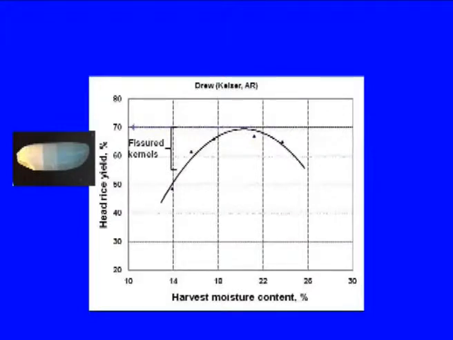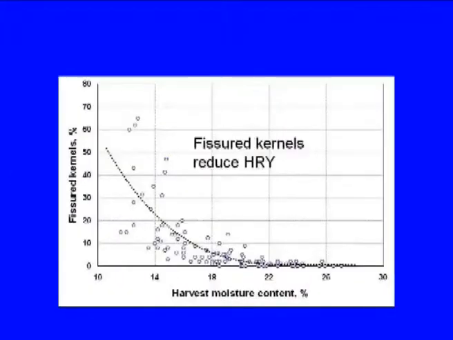But at the lower side, this is something that we've worked on for many years, and we know that these fissures, as shown here, are the result of rapid moisture adsorption by dried kernels. As a matter of fact, if you plot the percentage of fissured kernels in samples, as the harvest moisture content decreases, the number of fissured kernels increases exponentially.